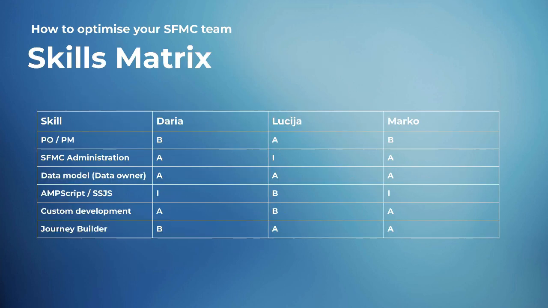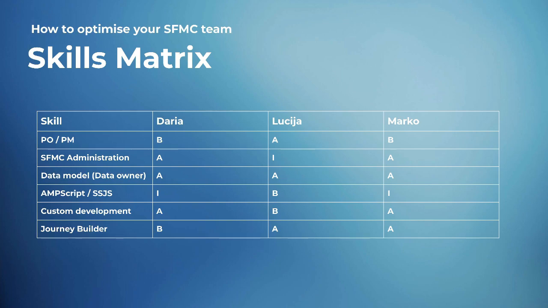So this is a very simplified skills matrix. If you are interested, please reach out after the session directly to me or Lucia, or leave a comment in the LinkedIn Live comment section, and we can share with you the extended skill matrix for the whole tool stack, including Marketing Cloud Engagement, Marketing Cloud Account Engagement, Data Cloud, and MC Personalization.